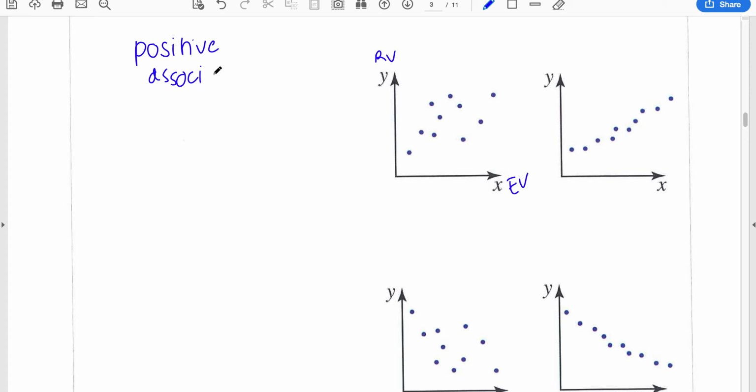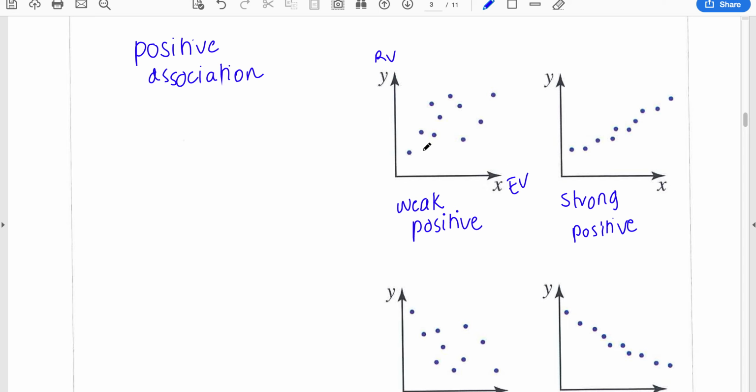Now, the difference between them is, you'll notice that with these ones, these dots are fairly well spread. So they're not sort of clustered together very much. They're pretty spread out. So when you've got them spread out like this, we would call that weak positive. And when they are clustered together, so you'll see this one starting to resemble more of a straight line, we would call that a strong positive.